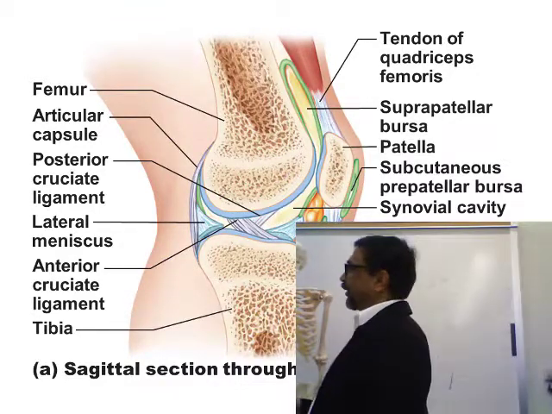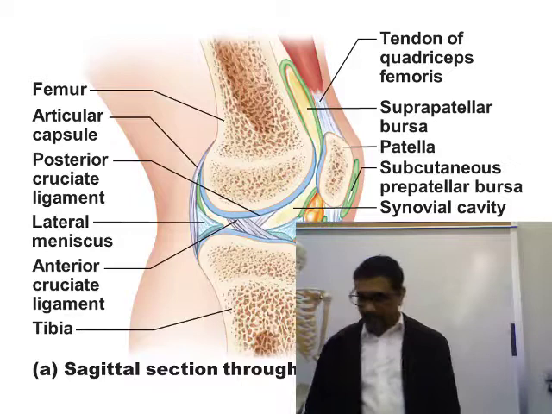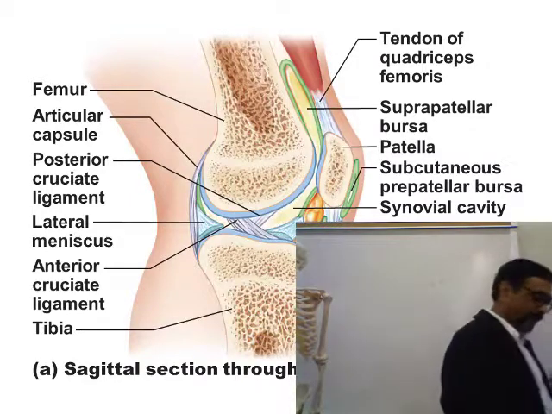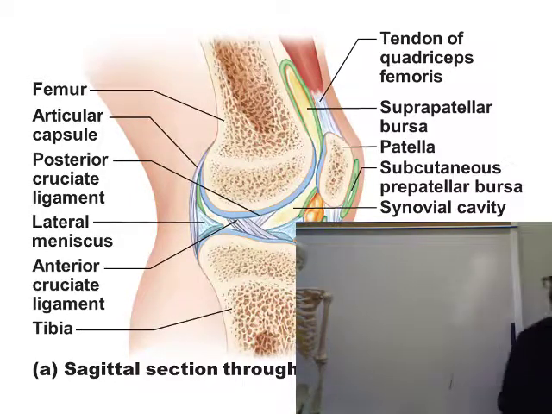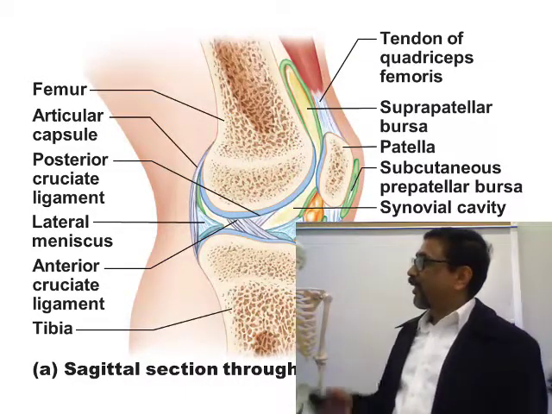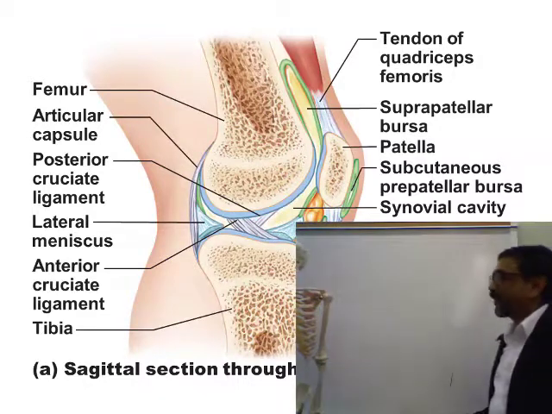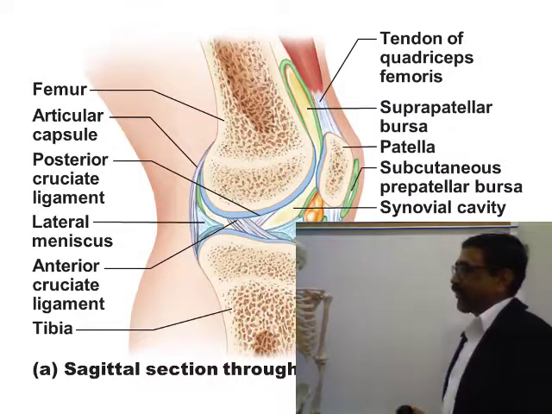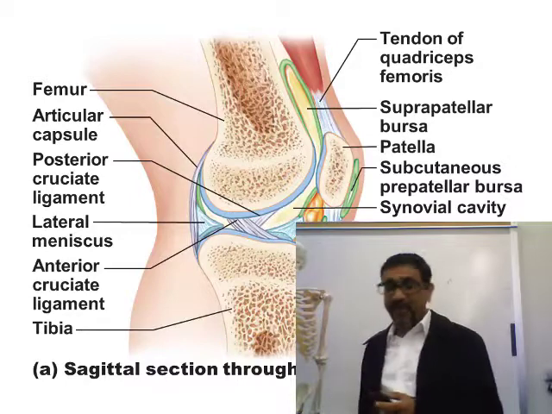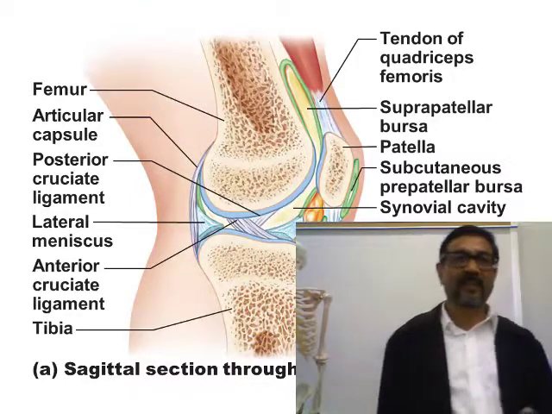And another thing you need to know is inside the joint, in the deeper part of the inner part of the joint, you have fibrocartilaginous meniscus. You see the deep blue color, that is the meniscus. You know, in the knee joint you have meniscuses.